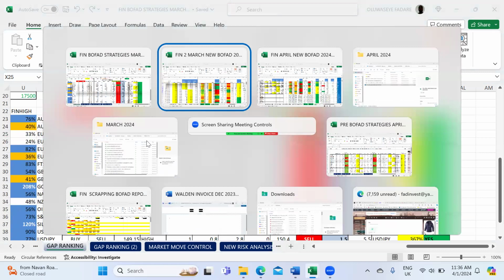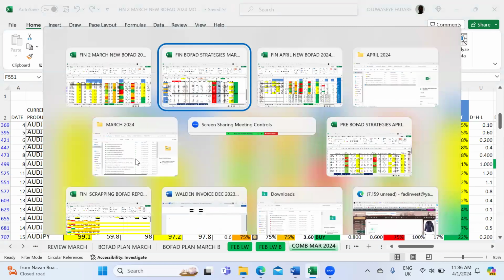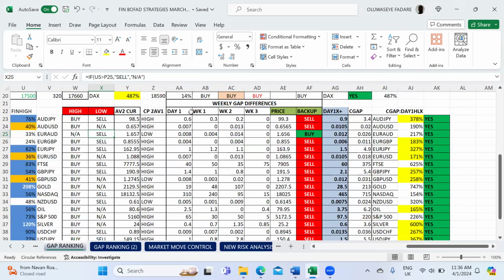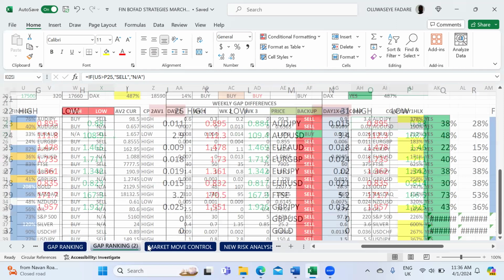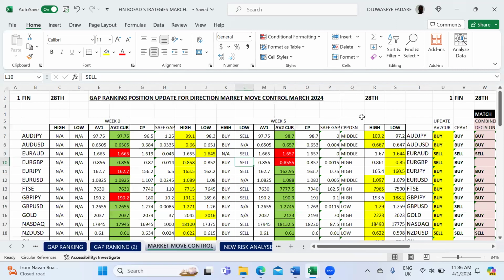Yeah, so we get all the data correctly from this report, and then we now update our market move. Like I said earlier, this is 31st. Although some of them are already updated, not all of them are.